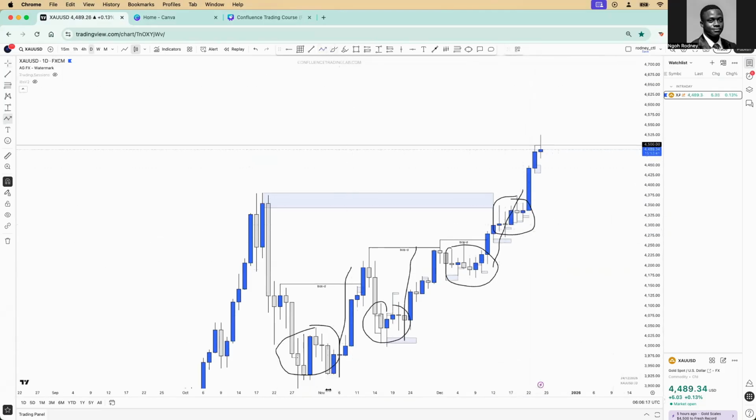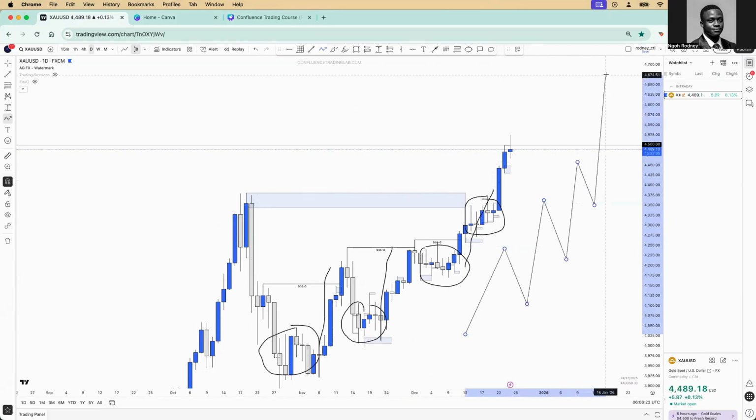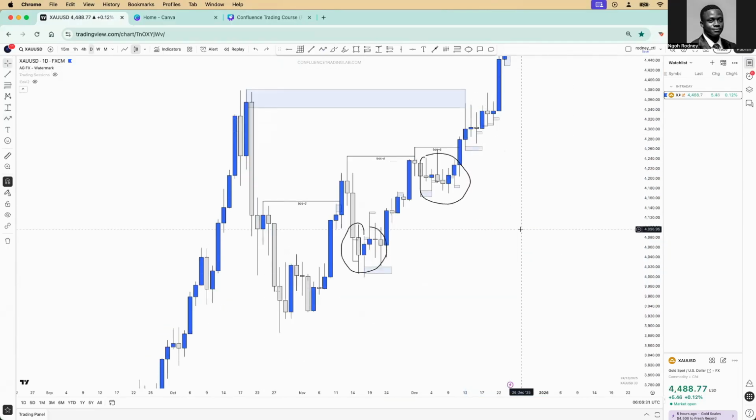So it is almost like we are doing this. We are doing this, and then we continue. Now, this is what you want to see to be sure that you're actually in an uptrend, right?